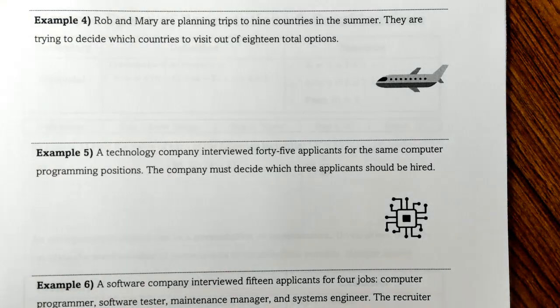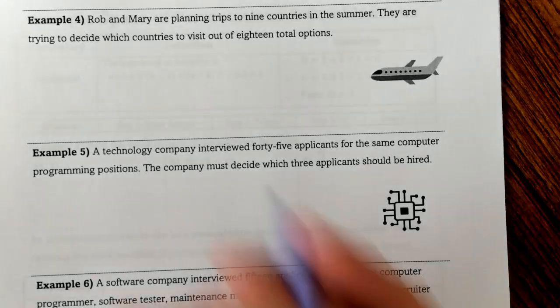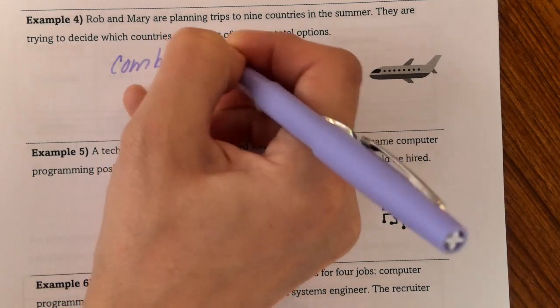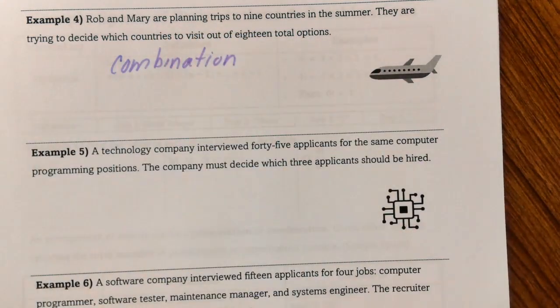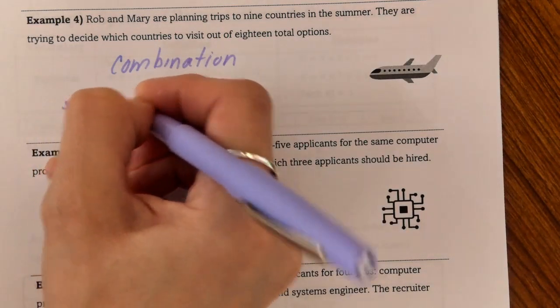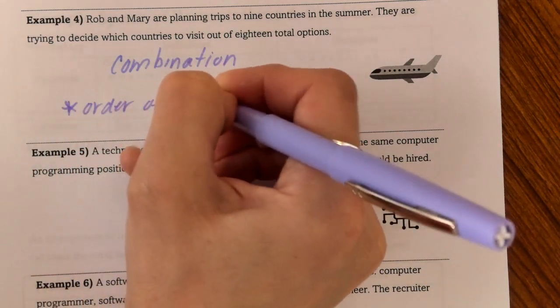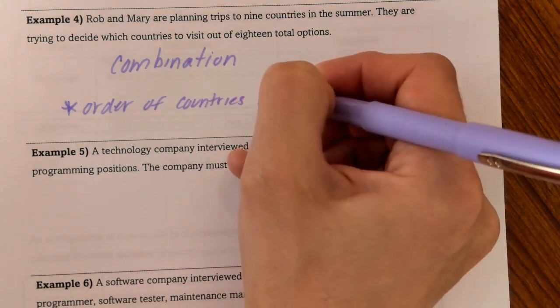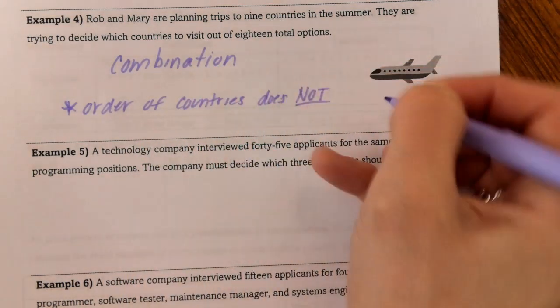They're still going to make it to all of these countries. So this is going to be a combination. And if you want to, since it's on another page, write: order of countries does not matter.